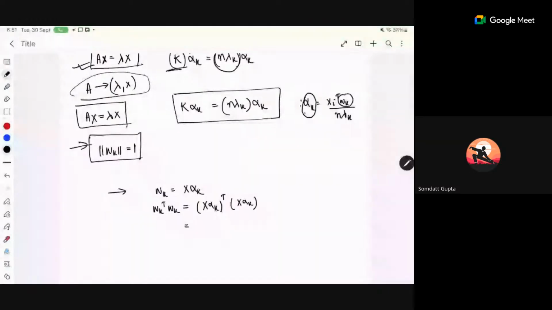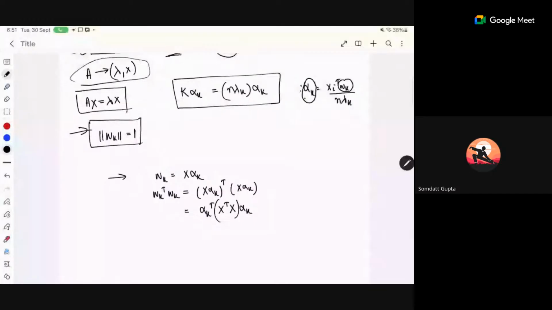So this can be written as alpha k transpose x transpose x alpha k. And if the norm of W has to be 1, what we got is that alpha k transpose K alpha k should be 1.